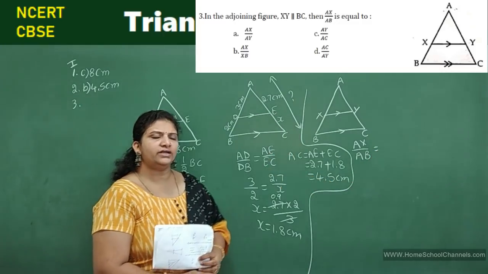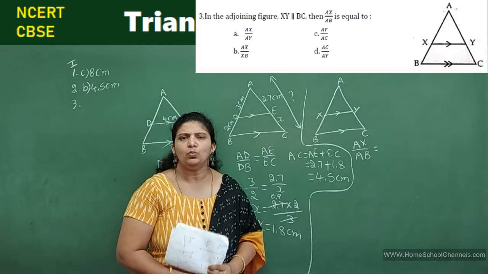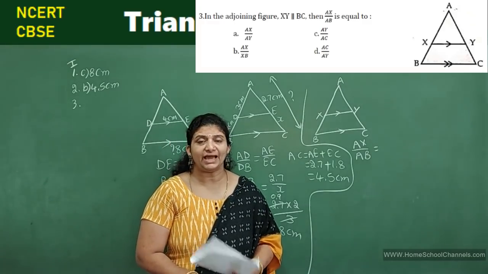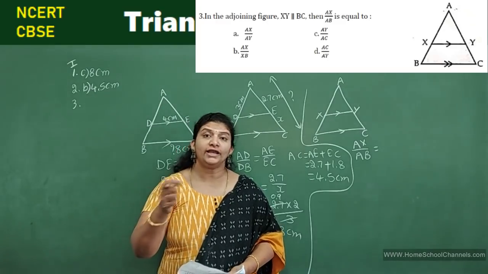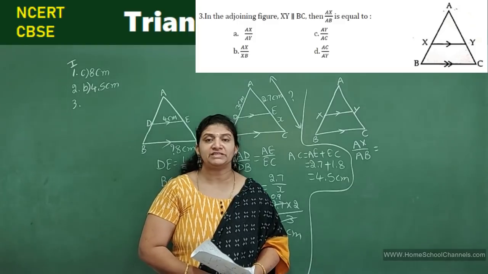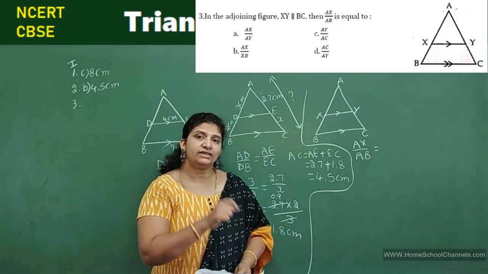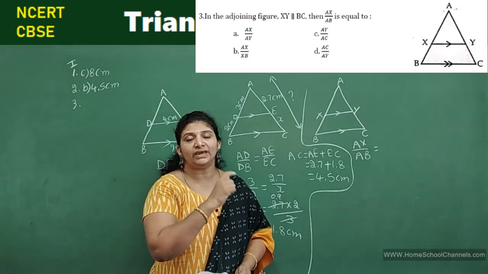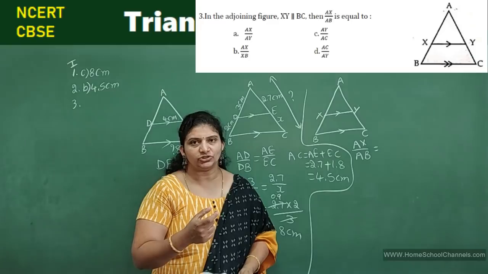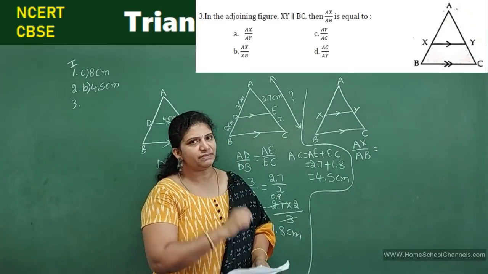Do you know that by corollaries we can say this answer directly? What do you mean by corollary? A corollary is a proportion that follows from an already proved proportion. Suppose I take the basic proportionality theorem ratios. By using that proportion we are going to make other proportions. So corollaries are the proportions which follow from the already proved proportion, that is BPT.